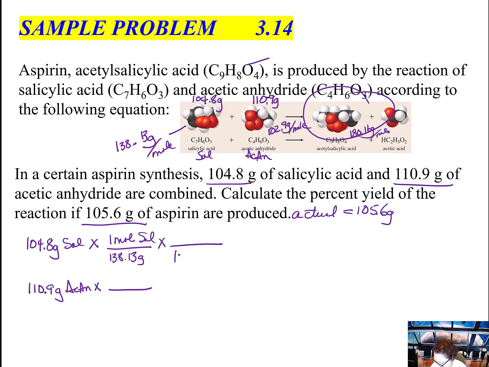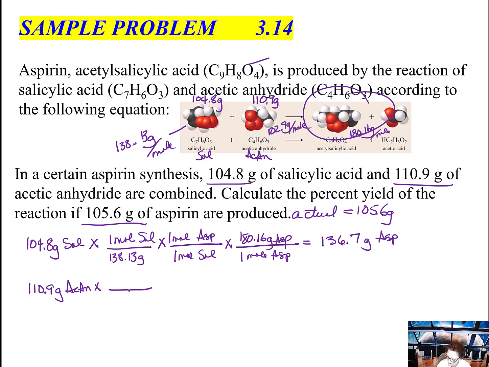Times 1 mole of salicylic acid to 1 mole of aspirin times 180.16 grams of aspirin and 1 mole of aspirin. And that's going to give me 136.7 grams of aspirin. So then I do the same thing for the acetic anhydride.